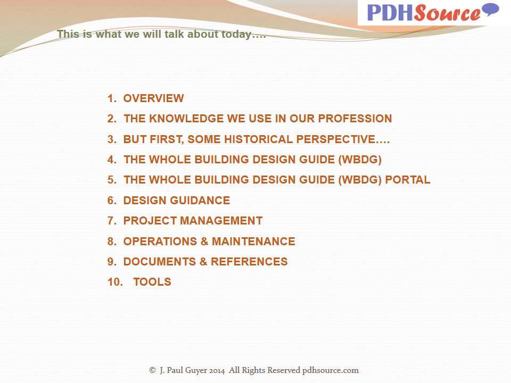Fourth, something called the Whole Building Design Guide, which you will become familiar with as we move forward. Fifth, the Whole Building Design Guide portal. Sixth, design guidance. Seventh, project management. Eighth, operations and maintenance. And ninth, documents and references. And tenth, tools. All of these are subcategories of the Whole Building Design Guide.